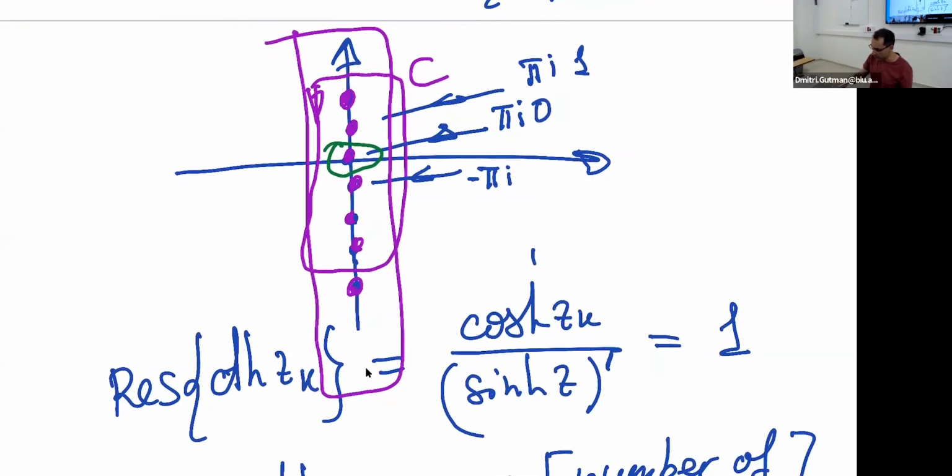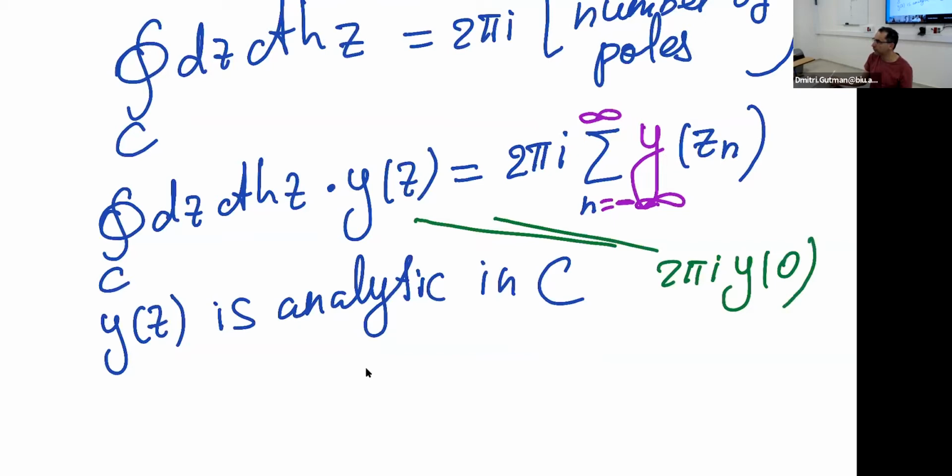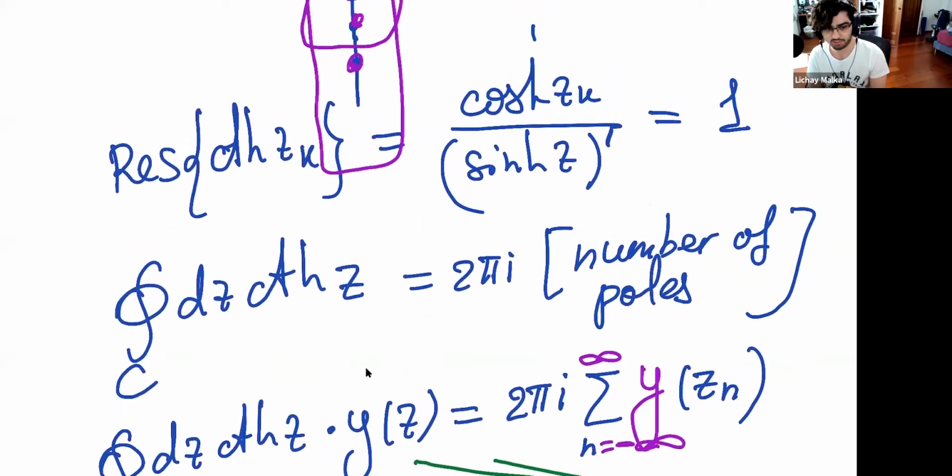So if you choose a green contour, then this integral will be equal to 2 pi i times y at the point 0. And if C does not contain the points pi i k, then this is simply 0.